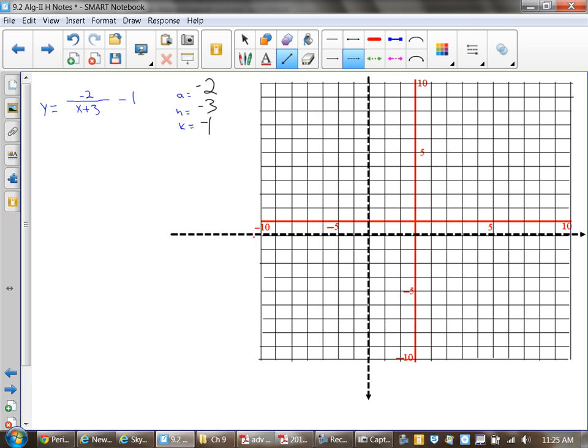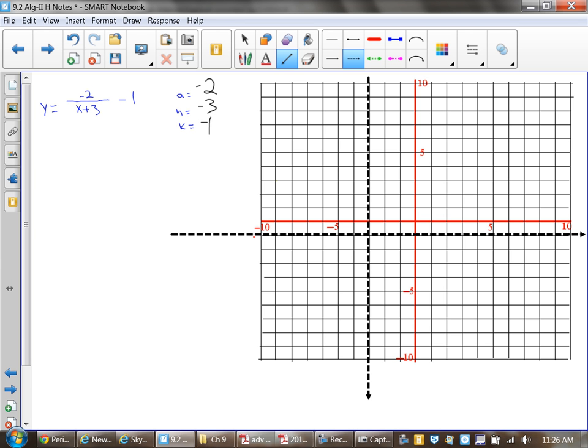So I have a vertical asymptote at -3 and a horizontal asymptote at -1. Basically what we have done is we have moved the origin, the 0, 0, we've shifted it left and down. And now it's a matter of working with that value of a.